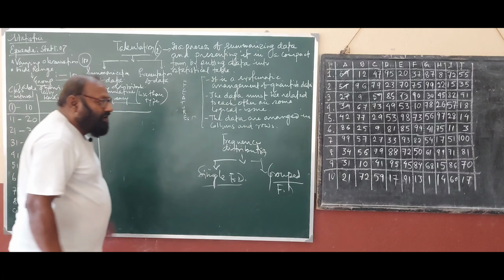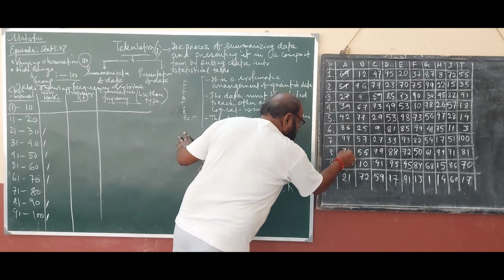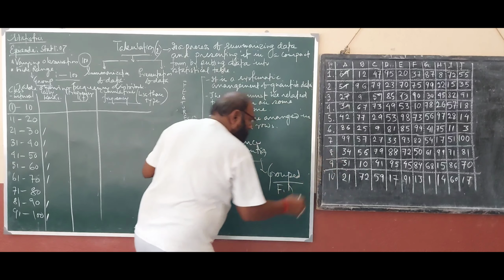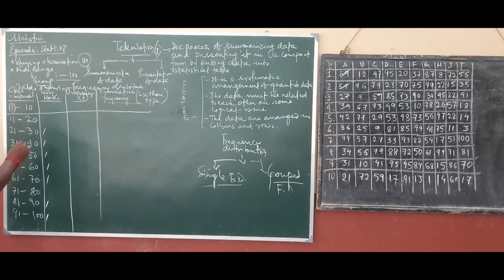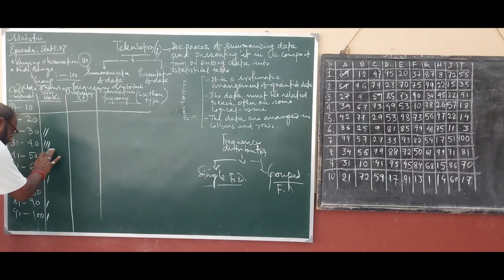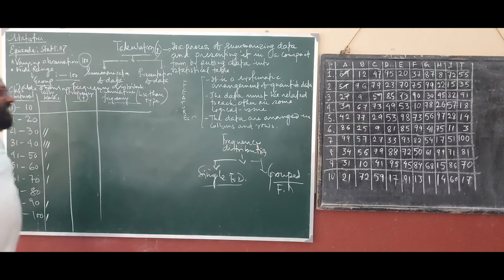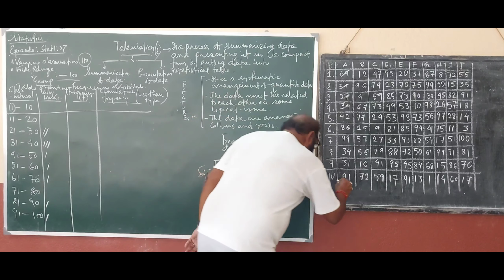Clear? Now all this is gone. 34, 31, 21: 34 over here, 21 over here, and 31 again. Okay, so the first part is gone. We have completed this part.